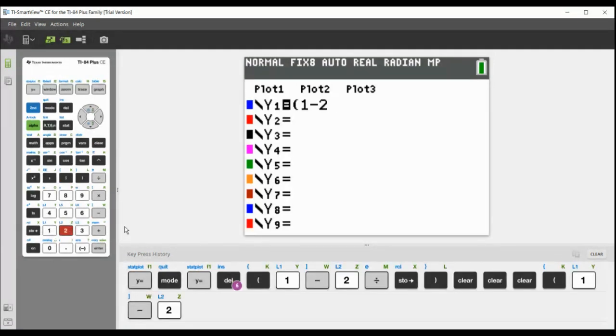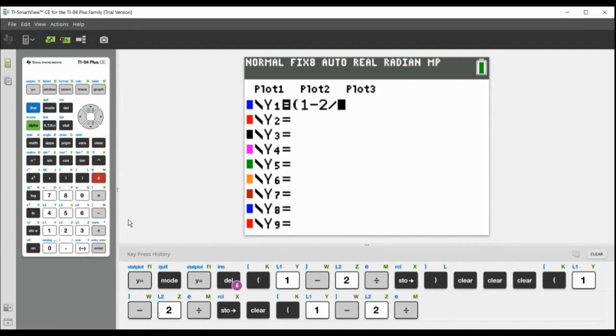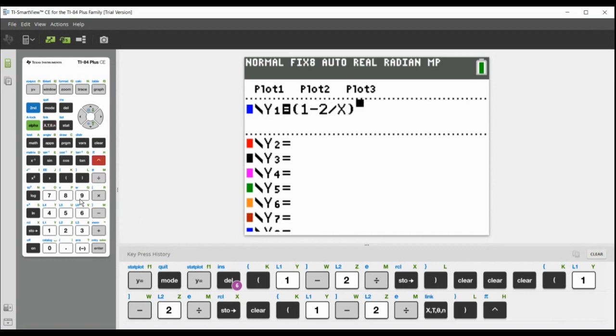Hold on here. 1 minus 2 divided by x. I don't know why it's acting up here. Let's try this again. Okay, and raise that to the x power.